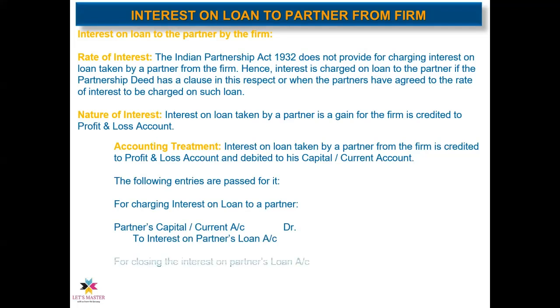And for closing the interest on partner's loan account, interest on partner's loan account would be debited and profit and loss account would be credited, because interest on loan advanced by the partnership firm to the partner is an income for the partnership firm. That's why profit and loss account is credited.